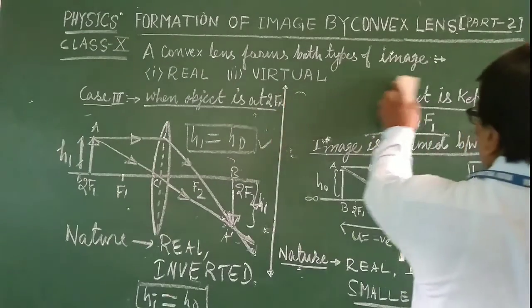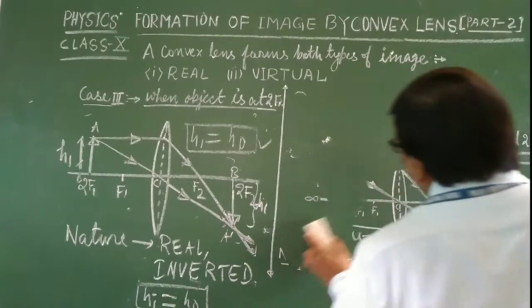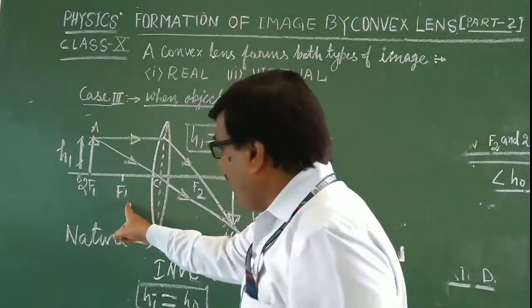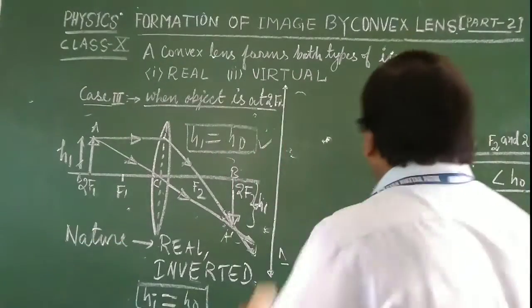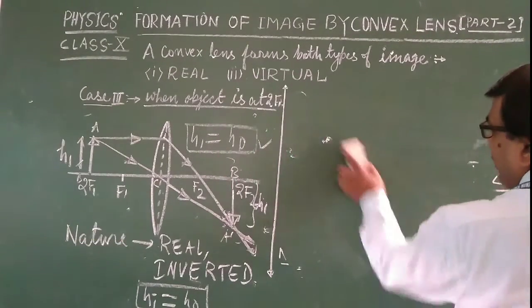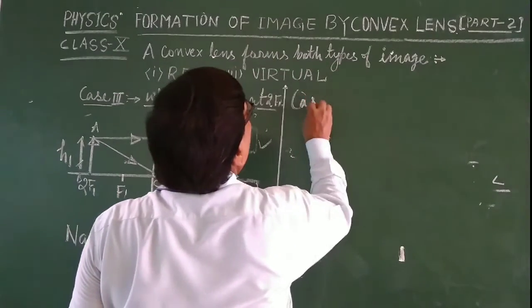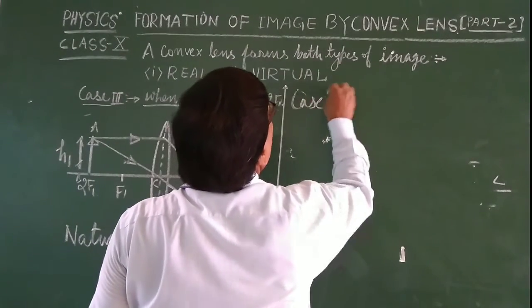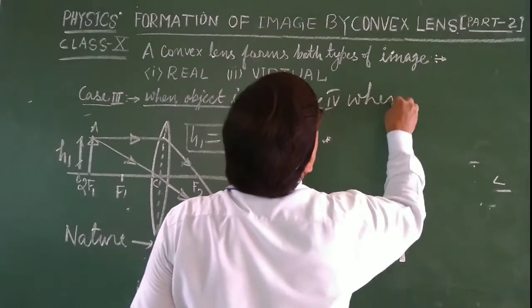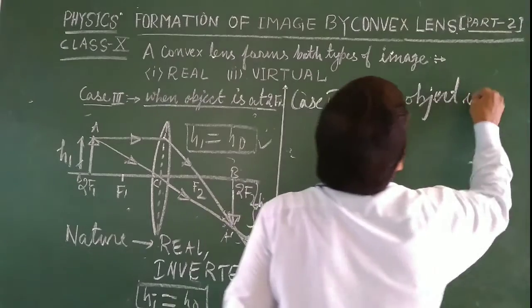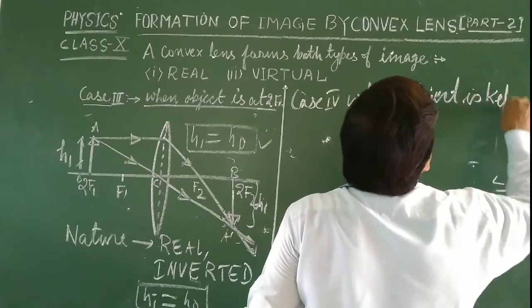The fourth case is when the object is kept between F1 and 2F1.